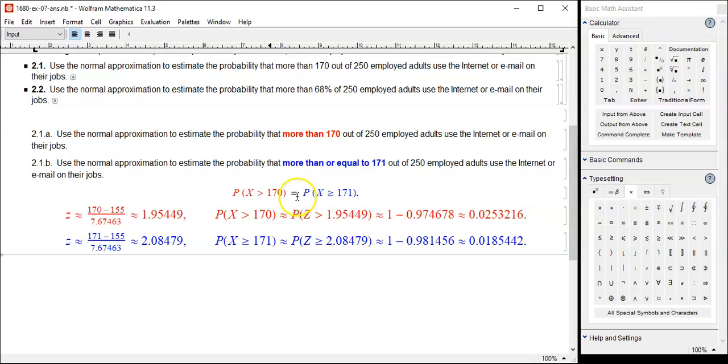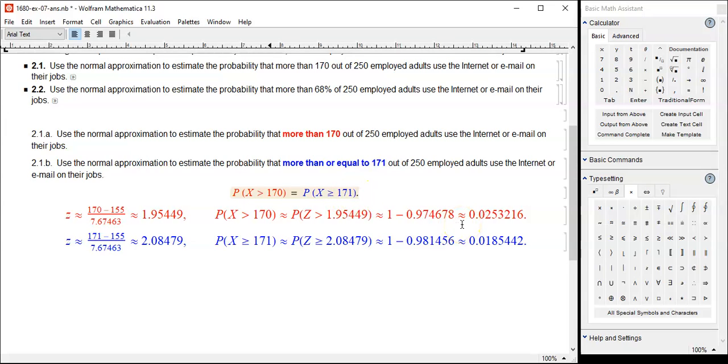My point is, by taking z-scores with x minus center over SD with two different values, 170 and 171, we get two different normal approximations, and they differ quite a bit. And we have a problem because these two probabilities must be the same.